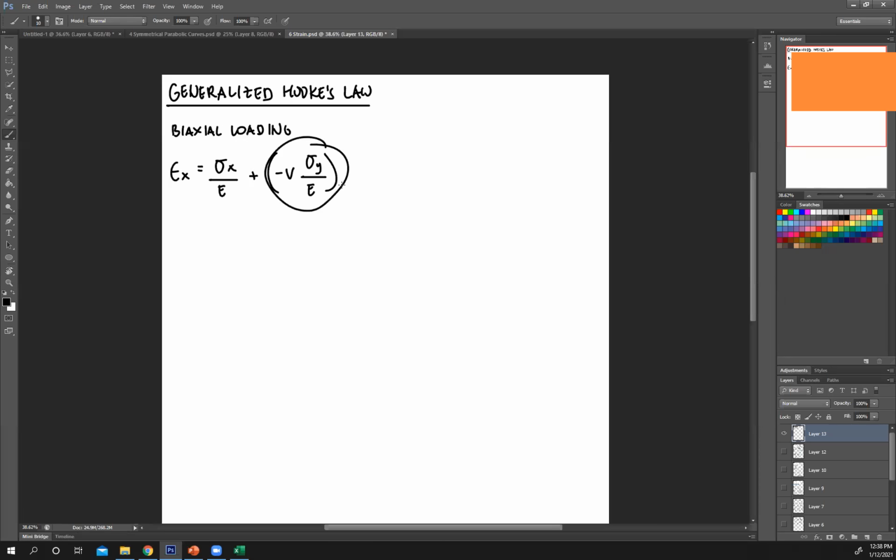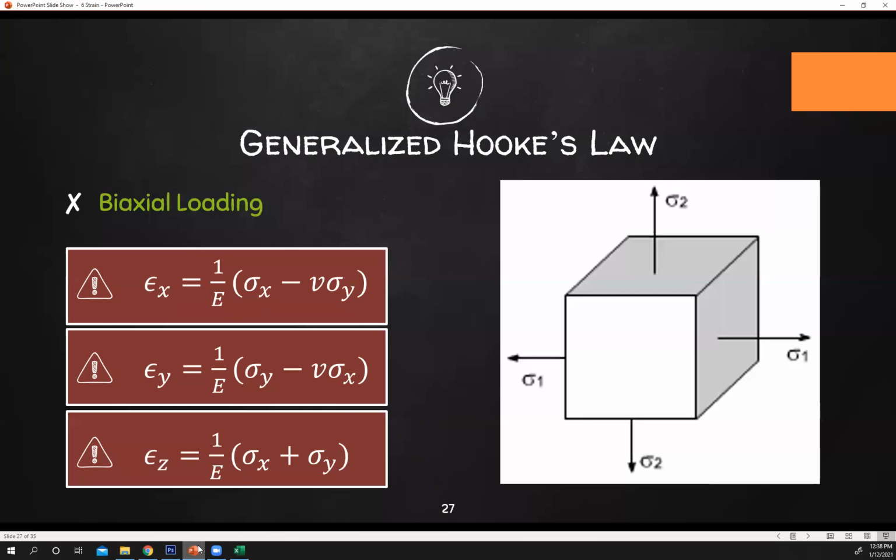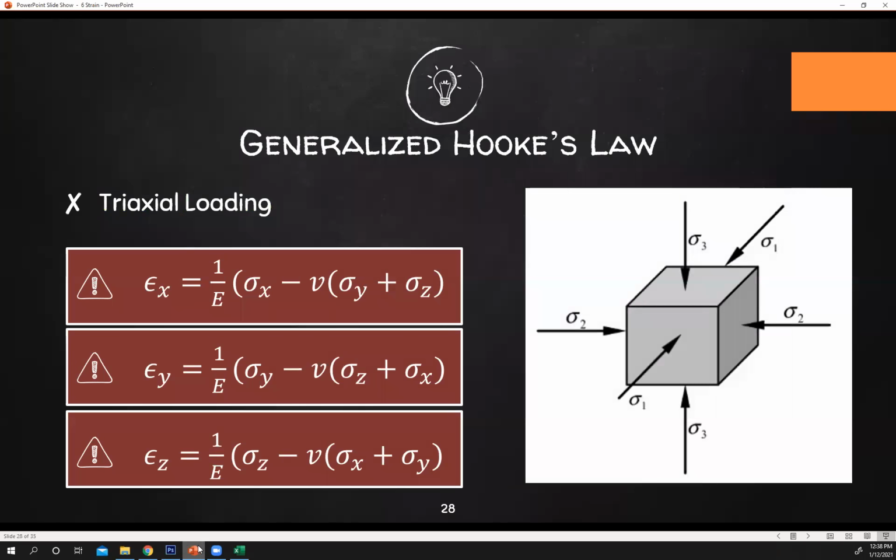This is strain due to force along the y-axis. And then combining that, that's just 1 over E. And then do the same analysis on all of the equations. Okay, that's biaxial loading.